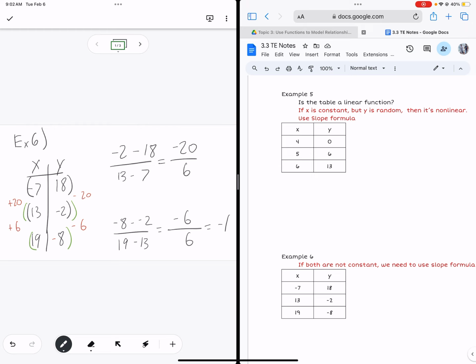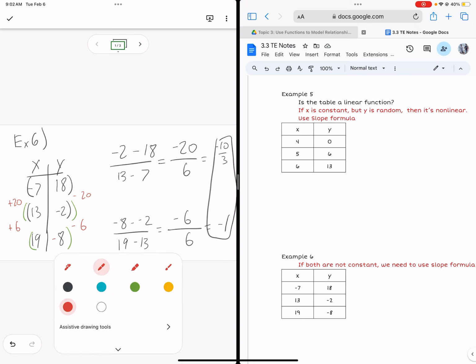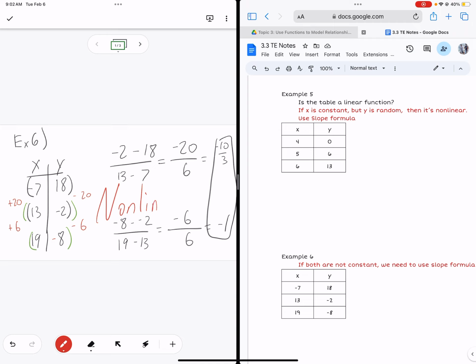So this equals -1, and this one, if you reduced it, would be -10/3. Do they have the same slope? No. If they don't have the same slope, it is non-linear. We're going to do more examples of this tomorrow. You don't have any homework for today.